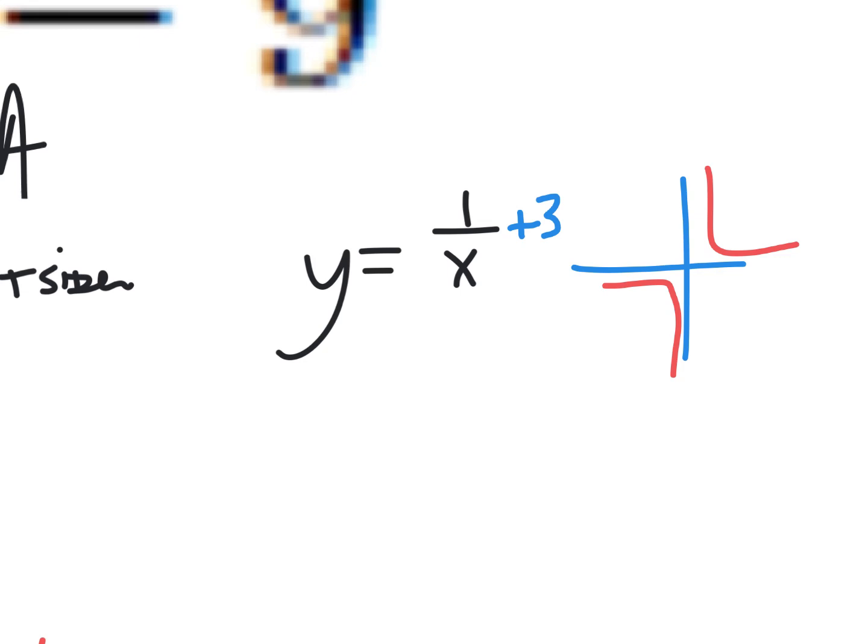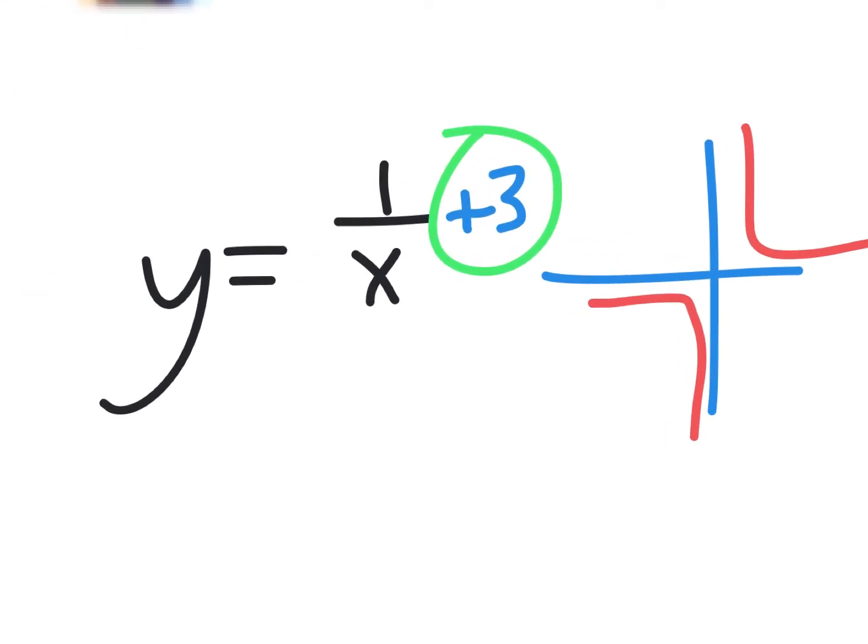So Bob's an outsider. It takes whatever's on the outside of the fraction, and that becomes your horizontal asymptote. And in the case where you have a variable here, that becomes the slant asymptote.